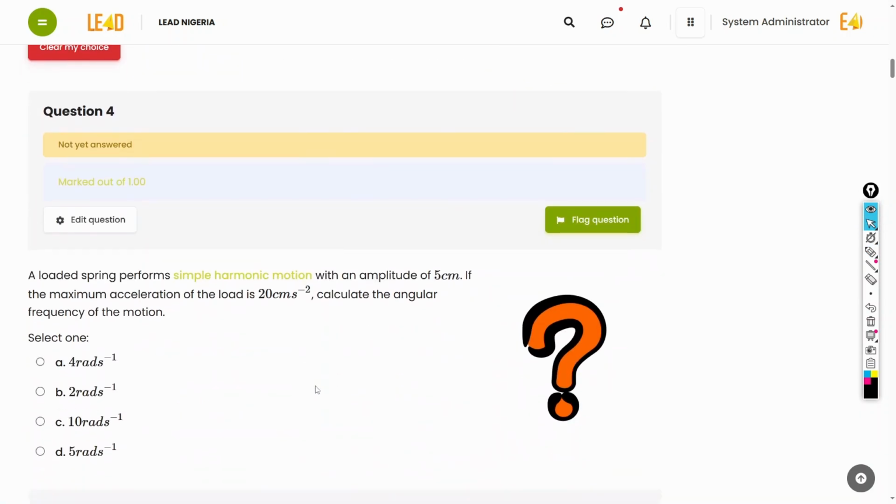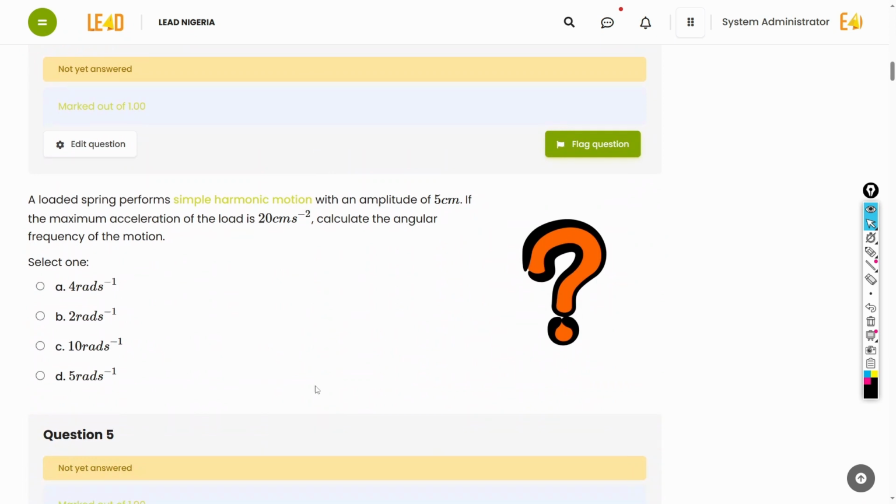Okay, question 4. A loaded spring performs simple harmonic motion with an amplitude of 5 cm. If the maximum acceleration of the load is 20 cm per second squared, calculate the angular frequency of the motion. Let's take the formula for maximum acceleration.